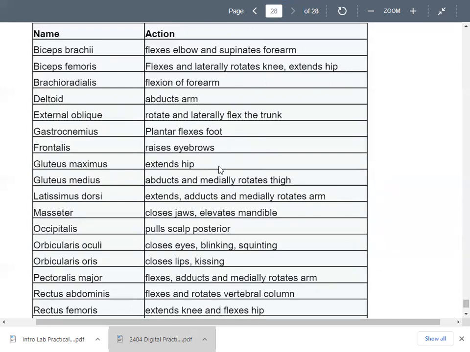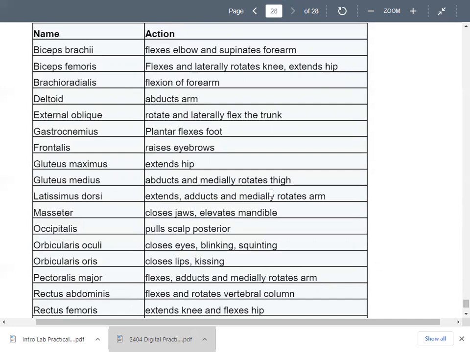Remember, toes down. Frontalis, right, like the rock. Raise your eyebrows, right? So gluteus maximus. So your hip is flexed, it helps you extend it. Okay. And if you do walk a lot of stairs, you'll feel it there. All right, gluteus medius is going to abduct your thigh and medially rotate your thigh.